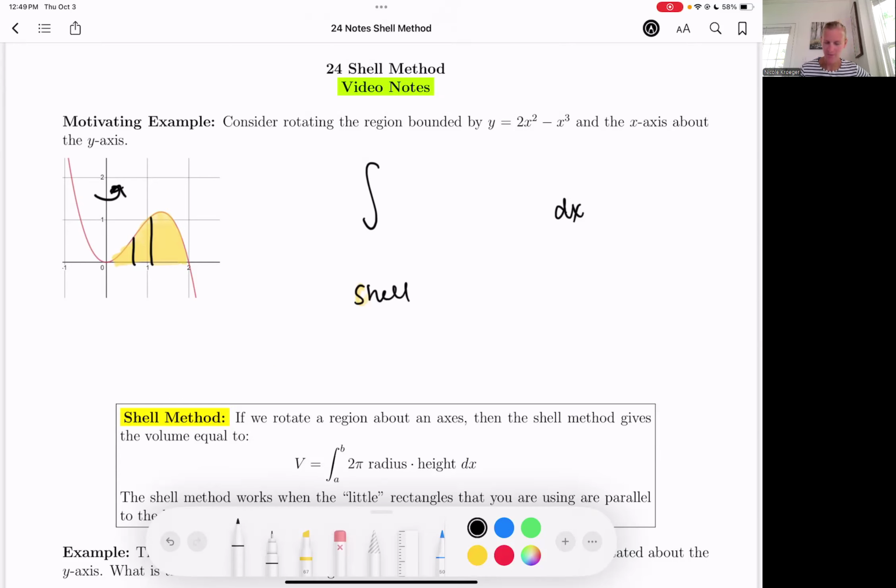Okay, and so we have to think about what is the surface area of that cylinder that we get, remembering how to find the area of a cylinder. The area of a cylinder in general is 2 pi times the height of the cylinder times the radius.